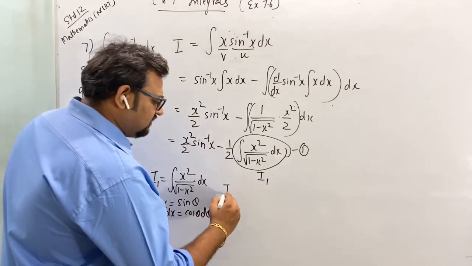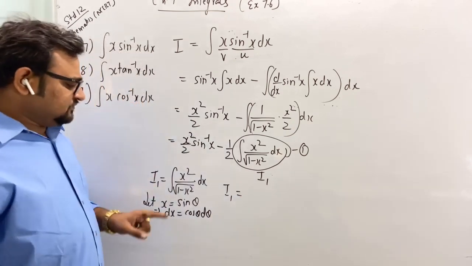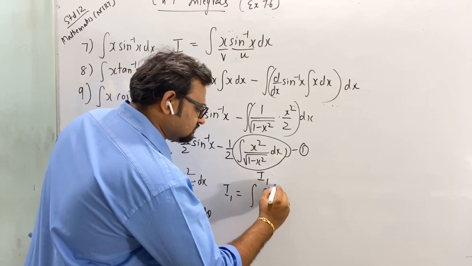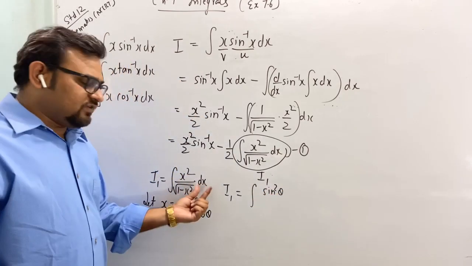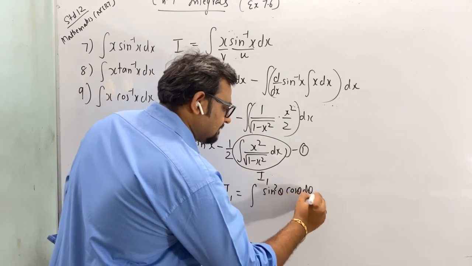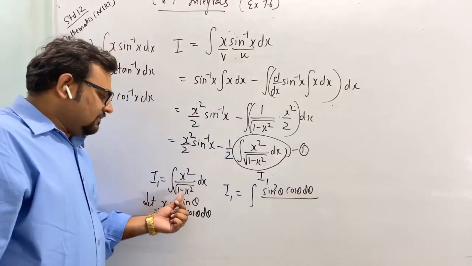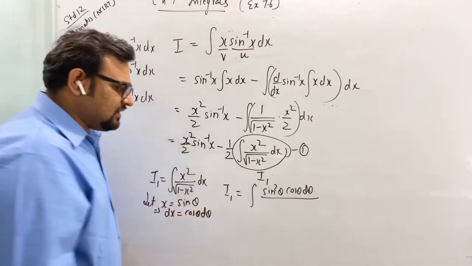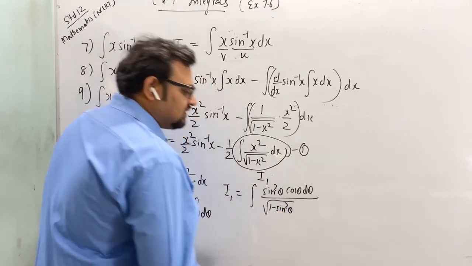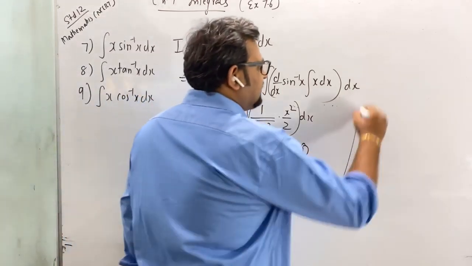So what will be our I1? Instead of x square, sin square theta, instead of dx, cos theta d theta, upon root of 1 minus sin square theta. Clear? So I'm taking it here.